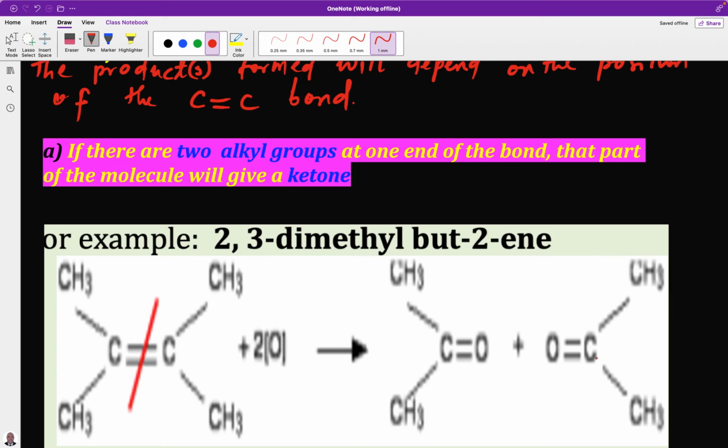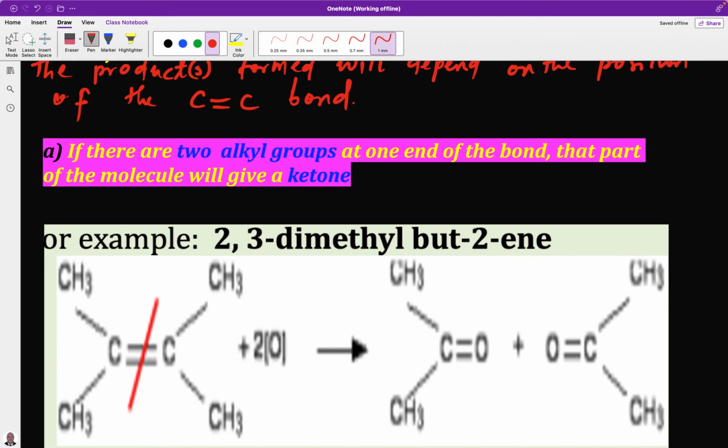Our example is 2,3-dimethylbutene. Under this harsh condition, the carbon-carbon double bond splits. It breaks.